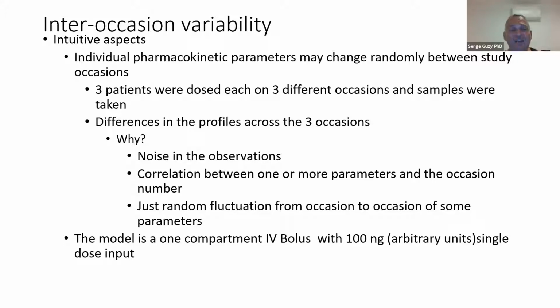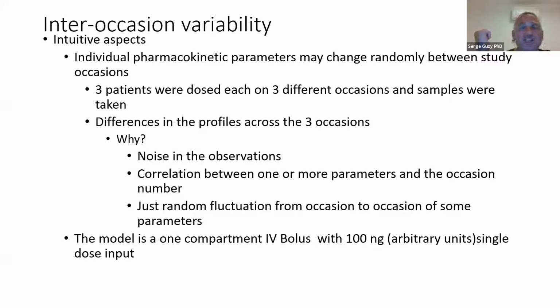Unlike what we talked about just before, where inter-individual variability quantifies the difference between individuals of the parameters, we can also have inter-occasion variability, which quantifies the variability of a parameter from occasion to occasion, or if you want, within the same patient.